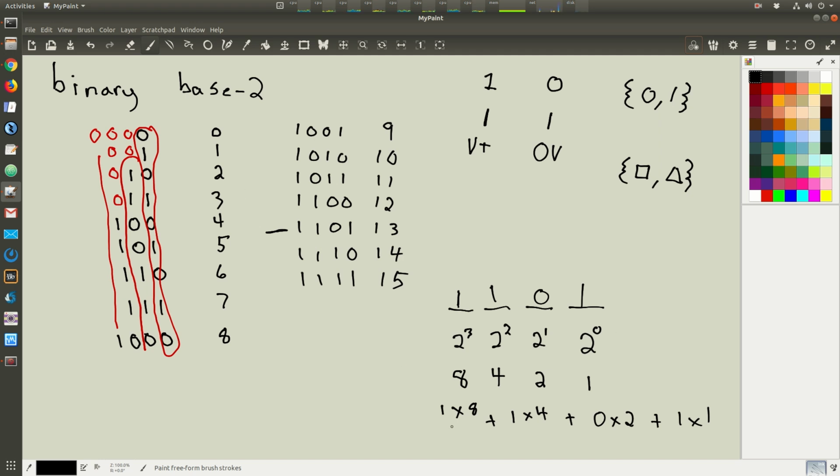Okay, when we add these up, this is 8, plus 4 is 12, no 2's, and then 12 plus 1 is 13. Okay, so this whole thing is 13 in base 10. And as we see, that's the number we have here.